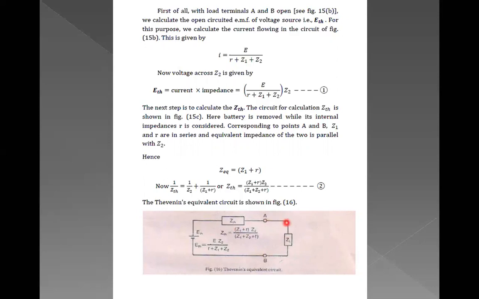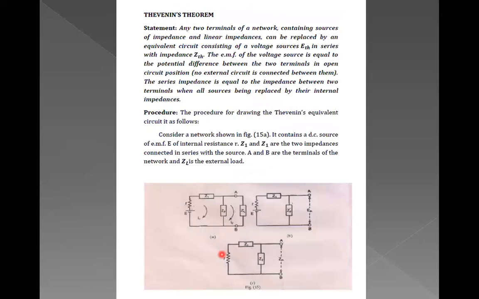The current through the load resistance, which we label as I2, is equal to ETH by ZTH, where ETH is this value and ZTH is this value. So I2 is the current flowing through this network circuit through ZL. If we find that this I2 is equal to ETH by ZTH, then we can say that the theorem is proved.